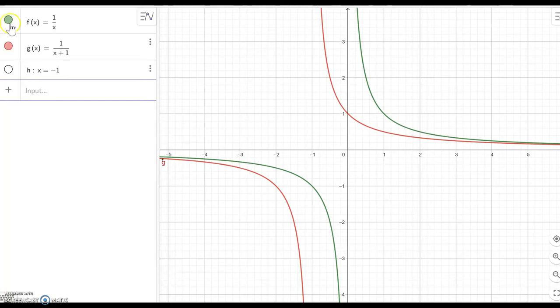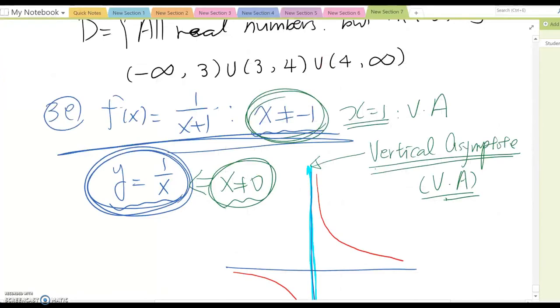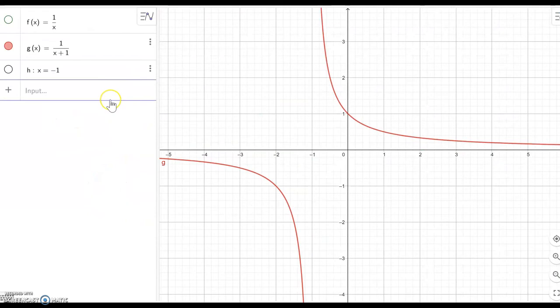So I'm gonna turn off y equal to 1 over x, and then we know from the lecture note here that x equal to negative 1 is our vertical asymptote. So I'm gonna draw another line, x equal to negative 1, then it may be a little bit more visible.